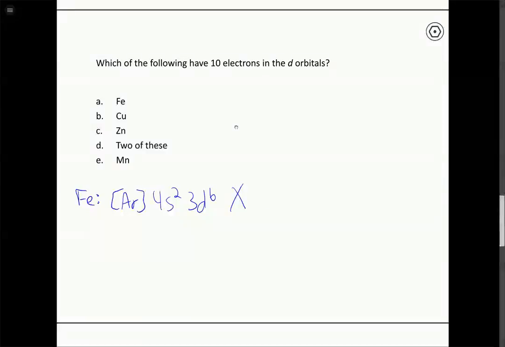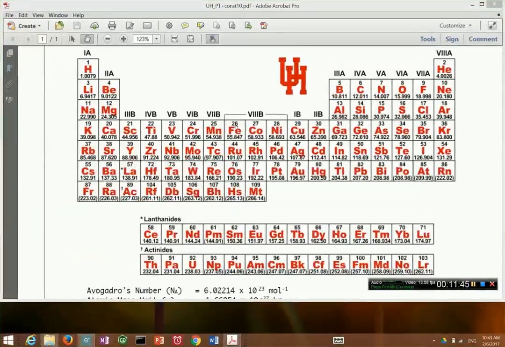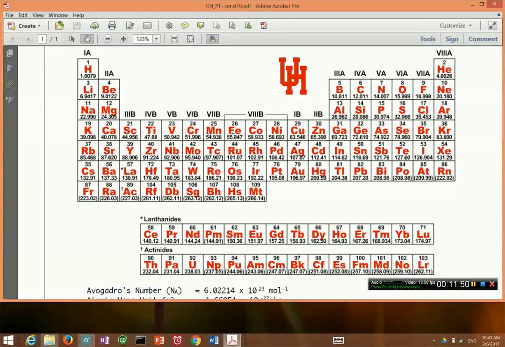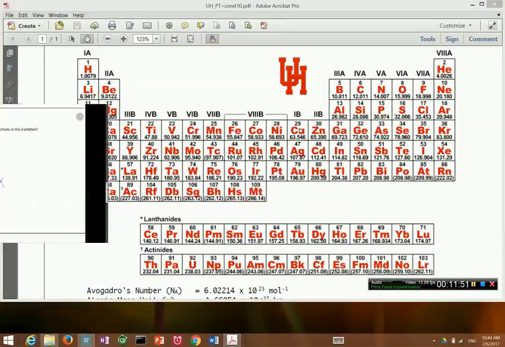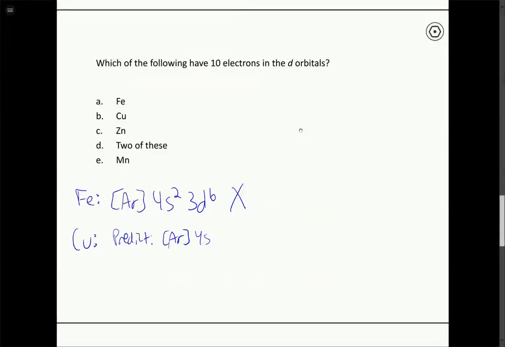The next one is copper. Copper is very close to iron in the periodic table, and remember that copper is one of our exceptions. For copper, again, argon is the previous noble gas. We look at copper, and it's going to be 4s1, 2, and then 3d, 1, 2, 3, 4, 5, 6, 7, 8, 9. We predict 4s2, 3d9, but remember that that's not the correct configuration for copper.